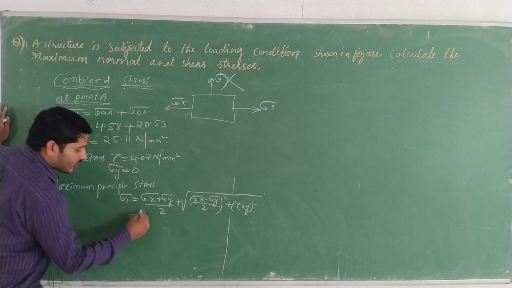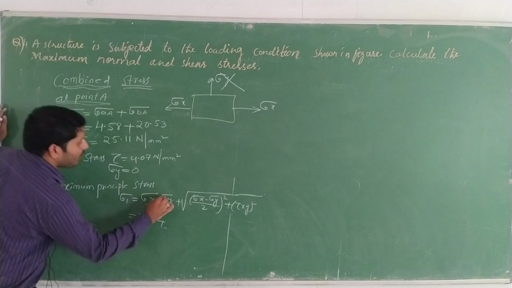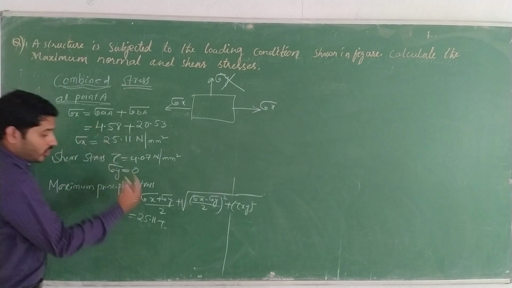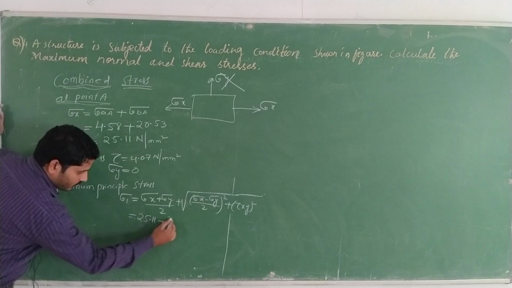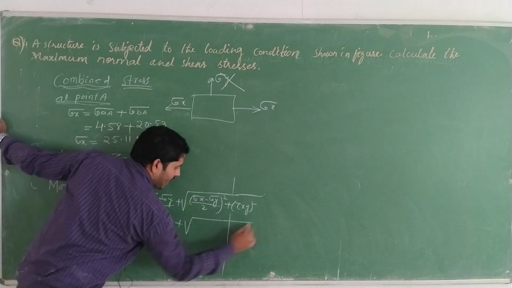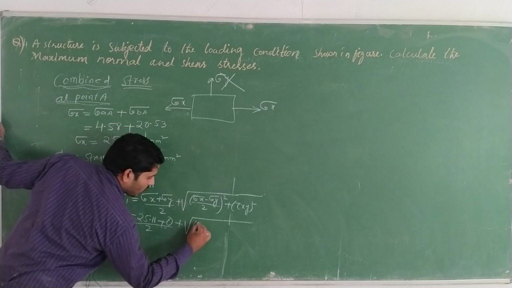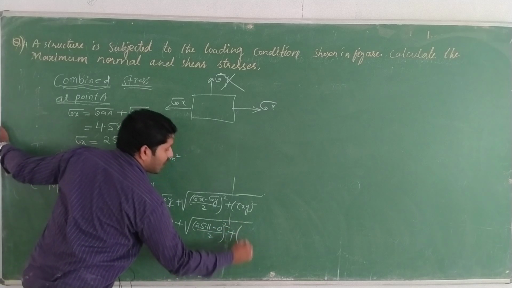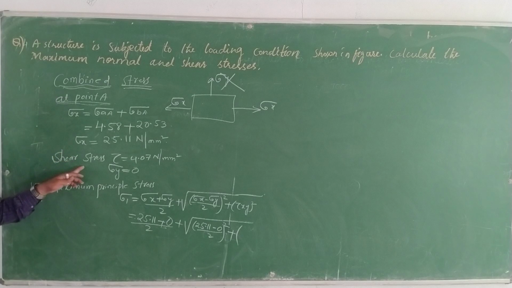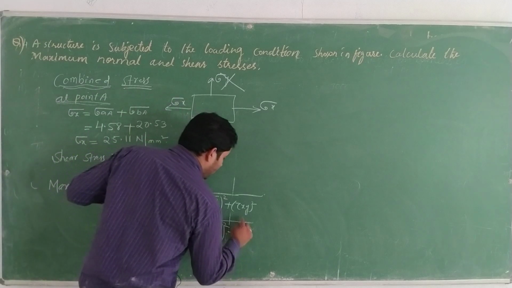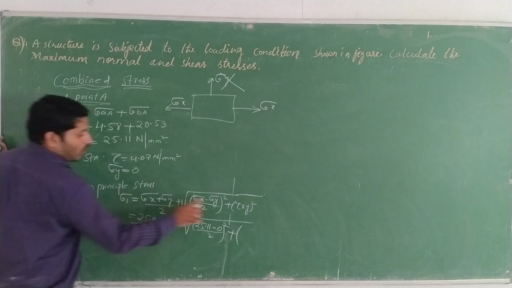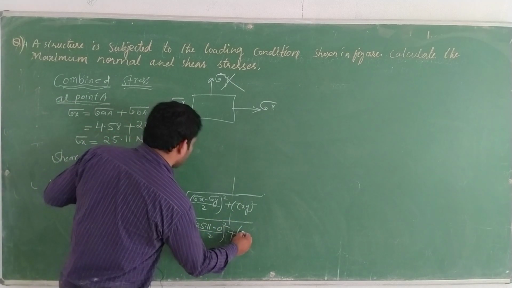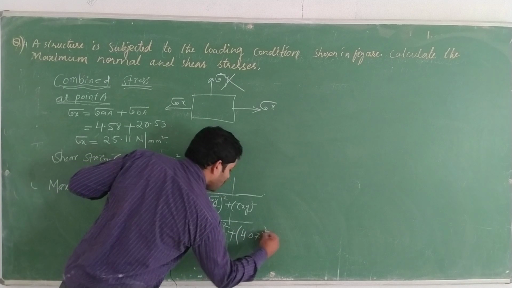You need to substitute in this equation: 25.11 plus sigma y value 0, because no biaxial stress is acting on this component, by 2, plus under root of ((25.11 minus 0) by 2) whole square plus tau xy, the shear stress acting, which is 4.07, whole square.